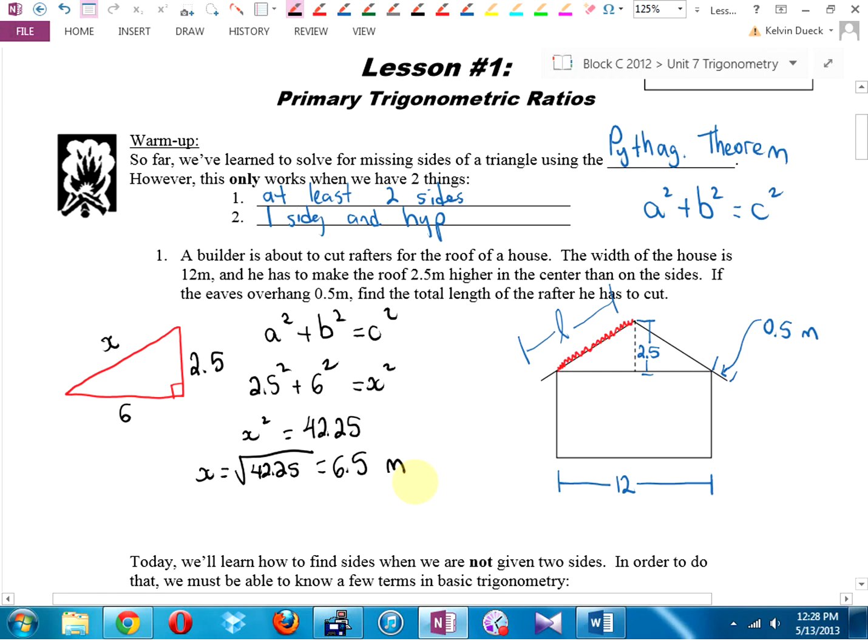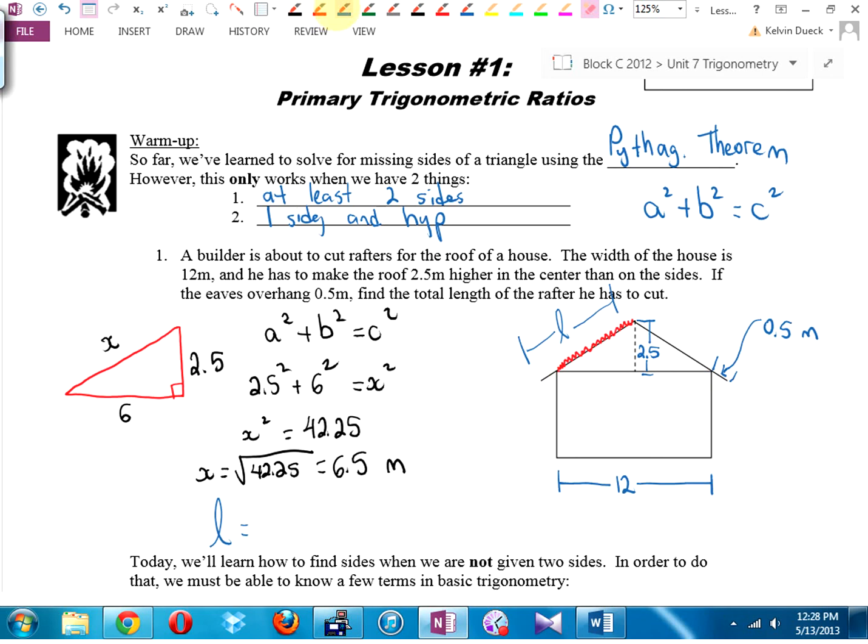Am I done? No. Because that wasn't what they wanted me to find. They wanted me to find L. I've just found the little red section there. How long is the overhang? How long is the red section?